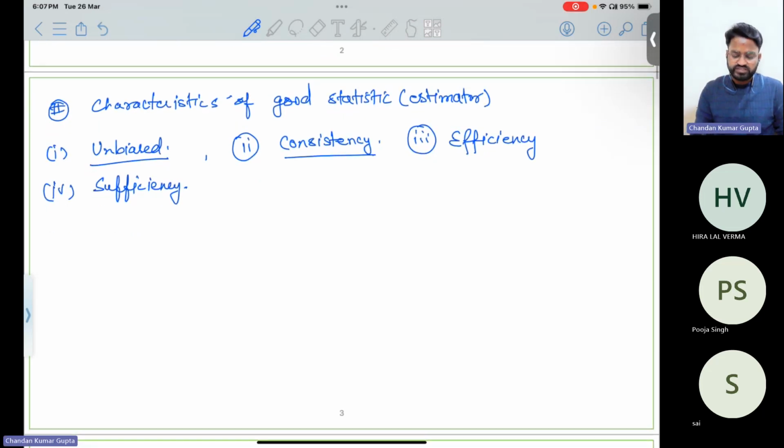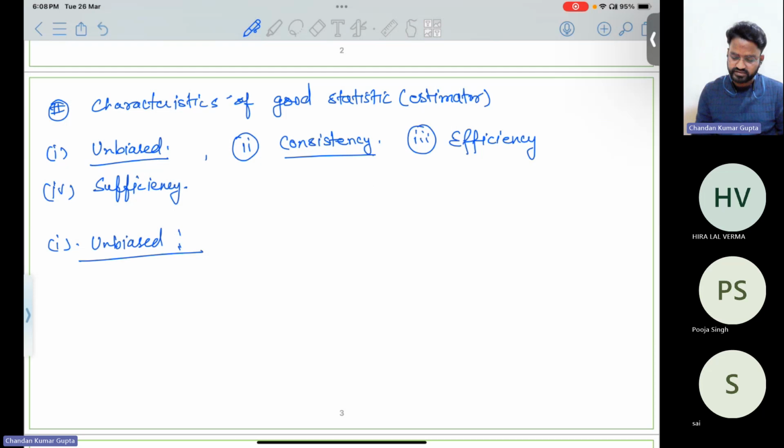So what is an unbiased estimator? Unbiased means there is no bias, no error, we can say. When we estimate a population value, a population function or parameter in short, if there is no difference between the estimated value and the parameter value, then there is no bias, and that means it is unbiased.